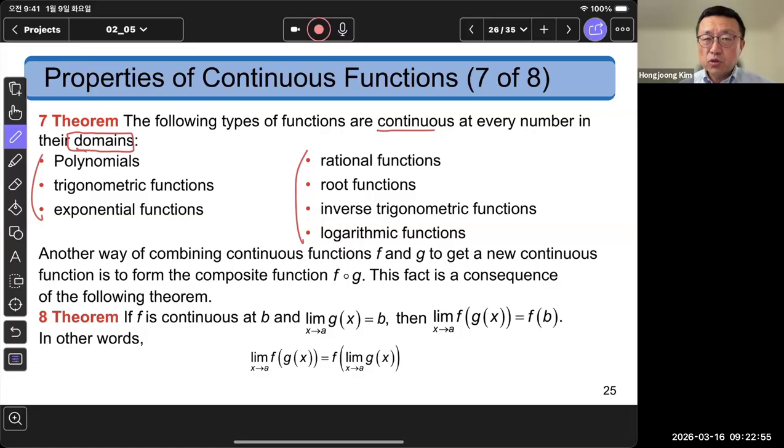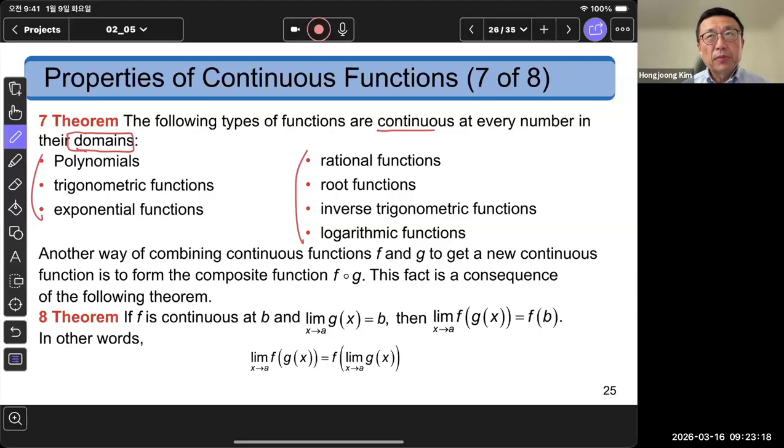If I do not consider such cases, then for all positive x, your logarithmic functions will be continuous. In the case of the square root function, we never consider negative values in the calculus class, and if I just consider non-negative x values, then your square root function will be continuous. That's what I mean by continuity of trigonometric functions, root functions, or logarithmic functions.